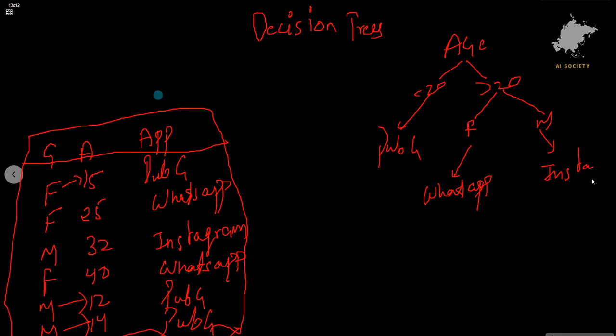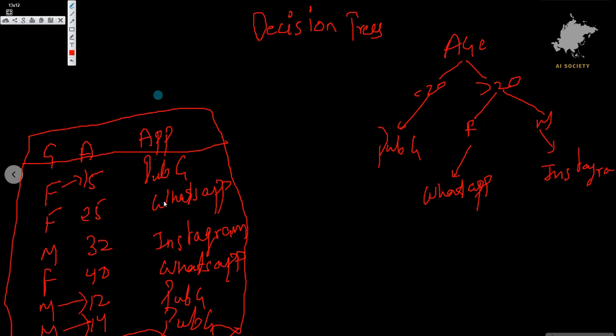Let me tell you again what just happened here. We first saw that age is the primary factor for recommending the apps. If the age is less than 20, that person is downloading PUBG most of the time, according to this data. But if the age is greater than 20, then we have two options, which are WhatsApp and Instagram.